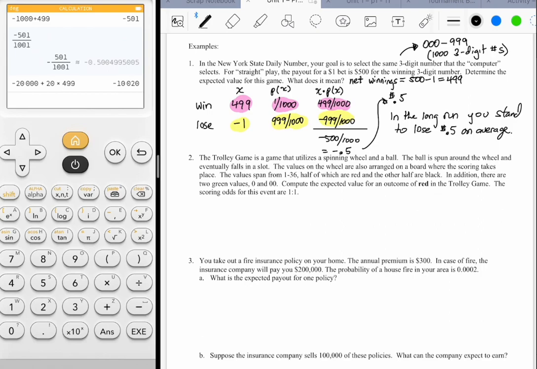Take that and divide it by 20,020. About negative 0.5. So if you adhere to the probabilities and say, well, 1 out of every 1,000 times I should win, this is what I would win if I won. The other times I will lose, and this is what I'll lose if I lose, then around negative 0.5 should be your expected value in the long run.